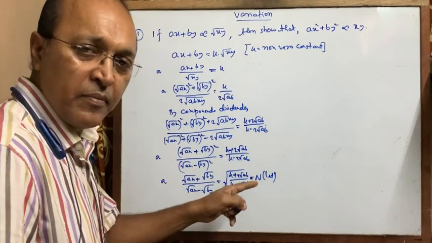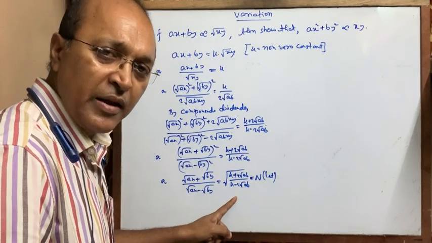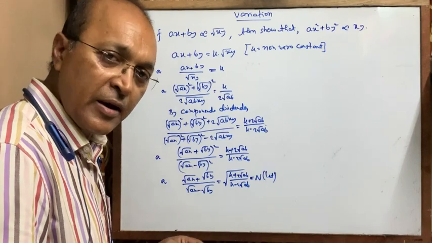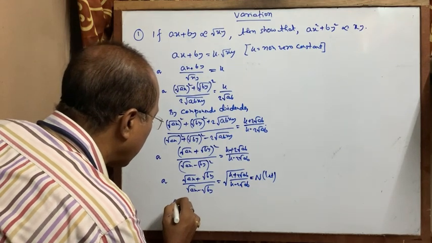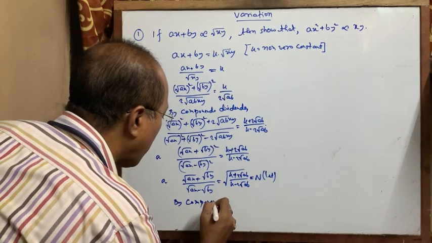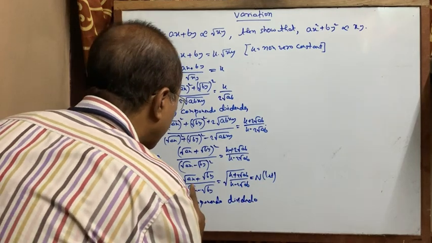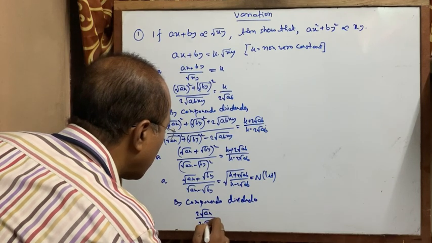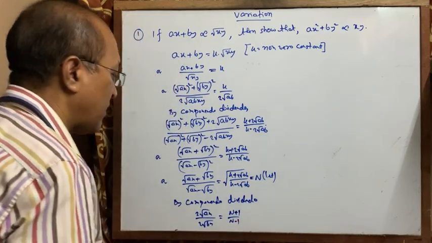Since this entire term is nothing but a constant, we can just simply assume this entire constant as n, so you can replace this entire term by n. Now again by componendo dividendo, you can get 2 root ax over 2 root by is equal to (n plus 1) over (n minus 1).